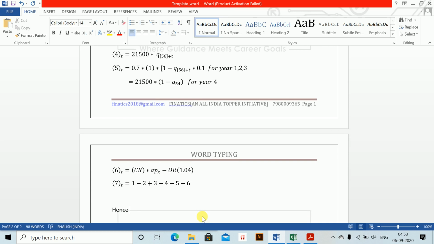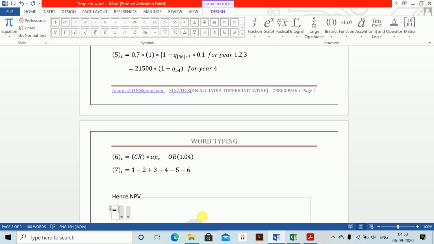Hence NPV is equal to minus 358.88 V plus 345 V square AP_56, plus 514.91 V to the power 3, AP_56 into AP_56+1, and then V to the power 4.